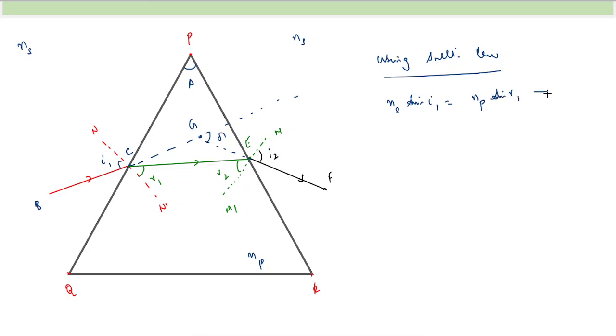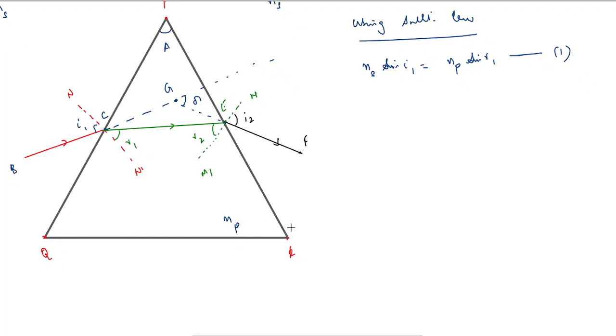This we call 1. Now we also know that delta was given as delta 1 plus delta 2. Recall that this angle here was delta 1 and this was delta 2.